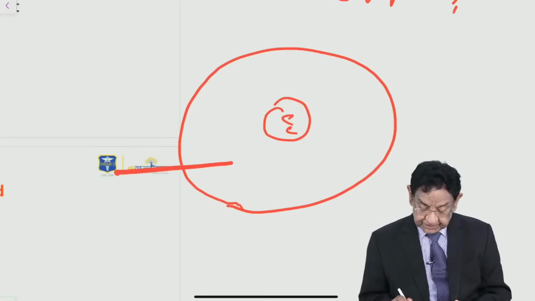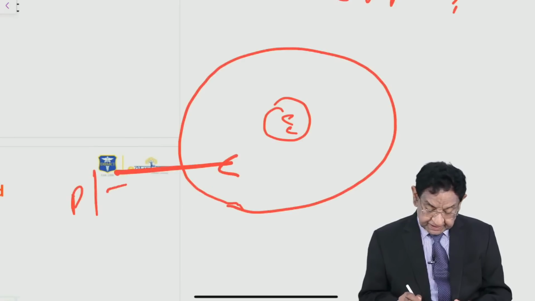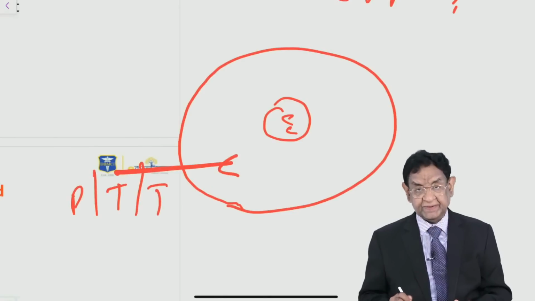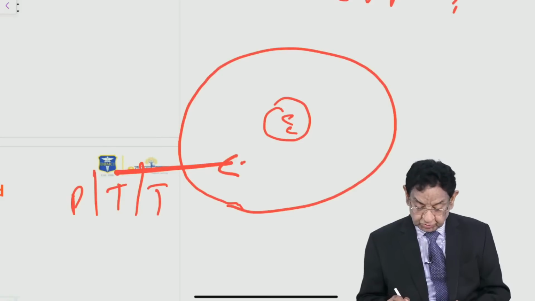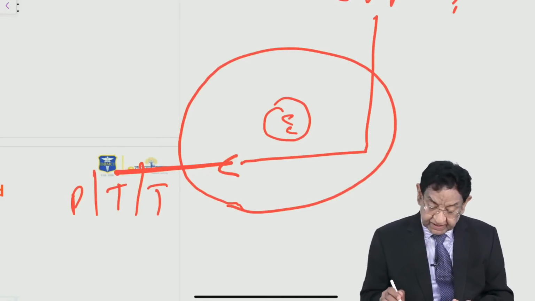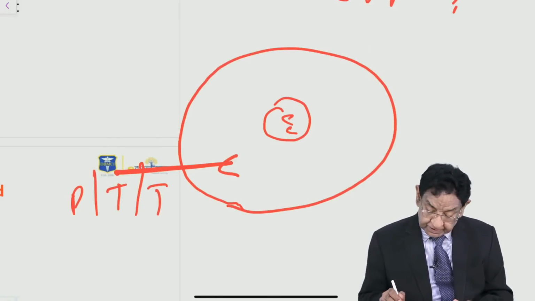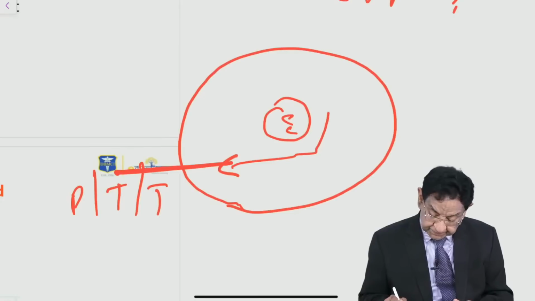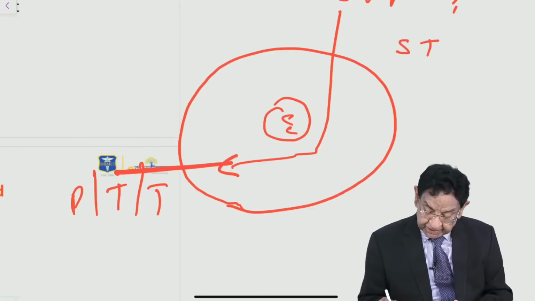Here are the pain, touch, temperature fibers. They cross to the other side and travel upward in the spinothalamic tract.